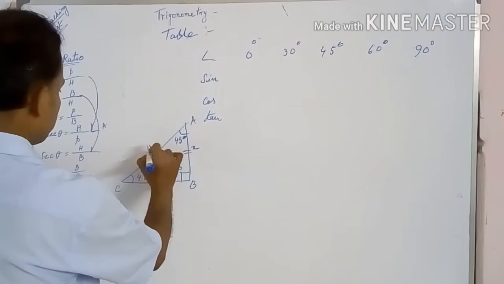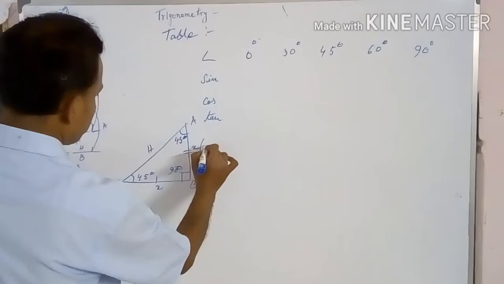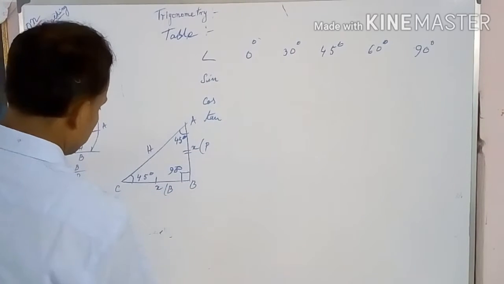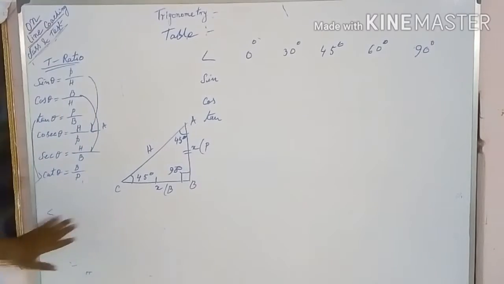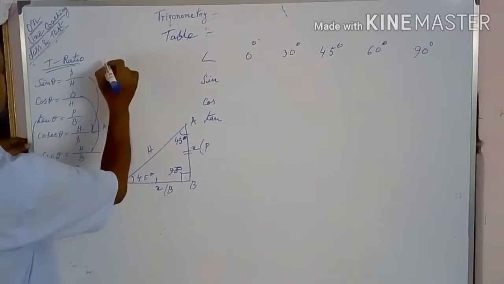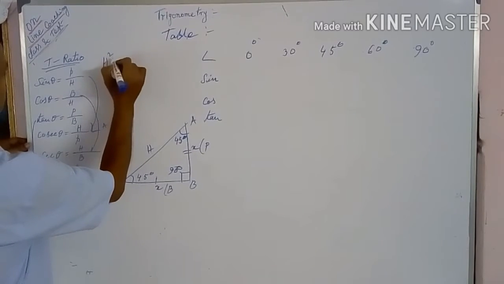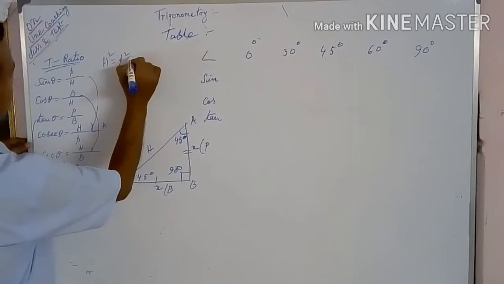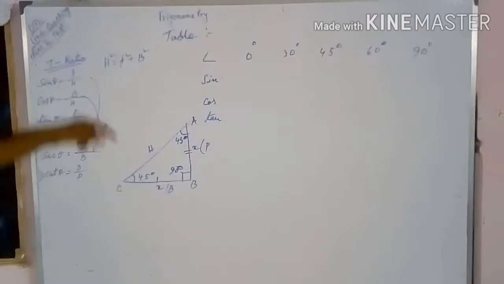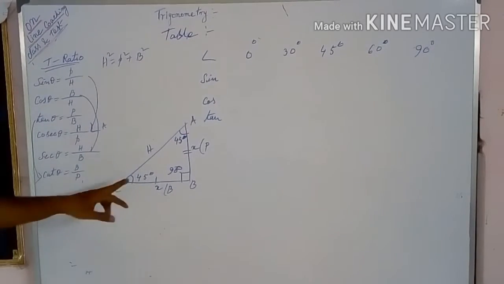This is hypotenuse, this is your perpendicular, this is your base. We know that using Pythagoras theorem, hypotenuse square is equal to perpendicular square plus base square.